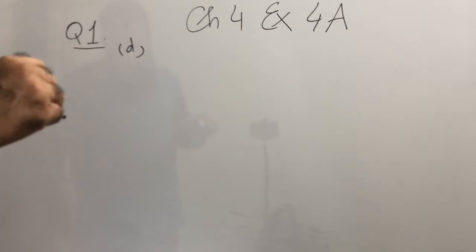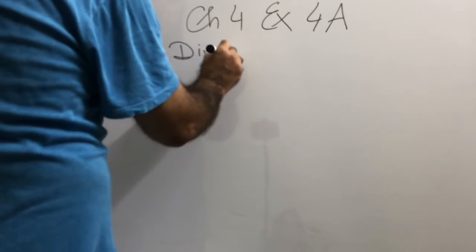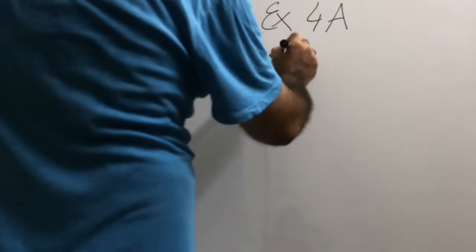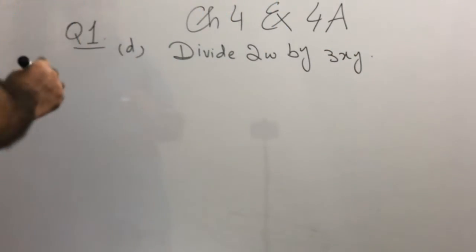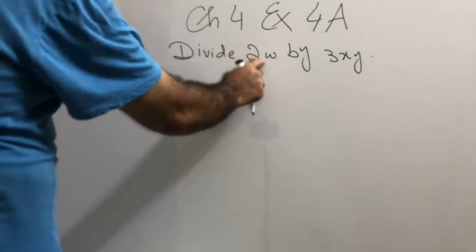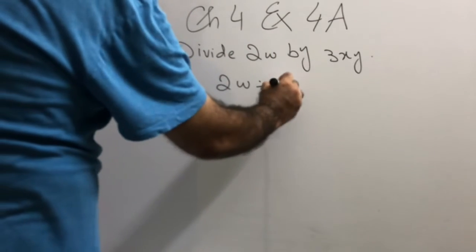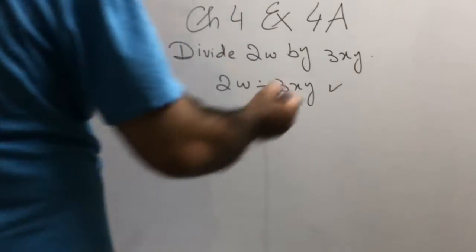Part D says divide 2w by 3xy. Means to say we need to divide this figure, 2w, divided by 3xy. This is also the answer.